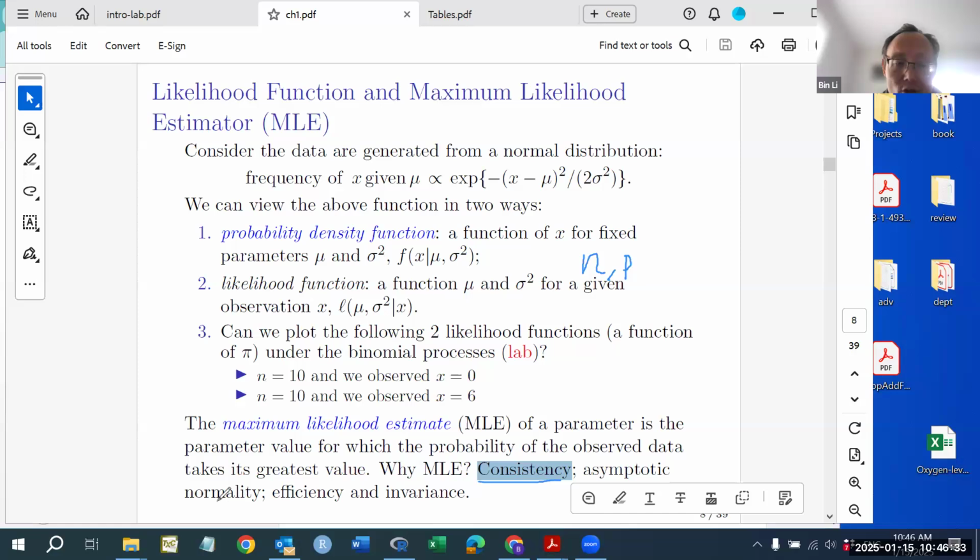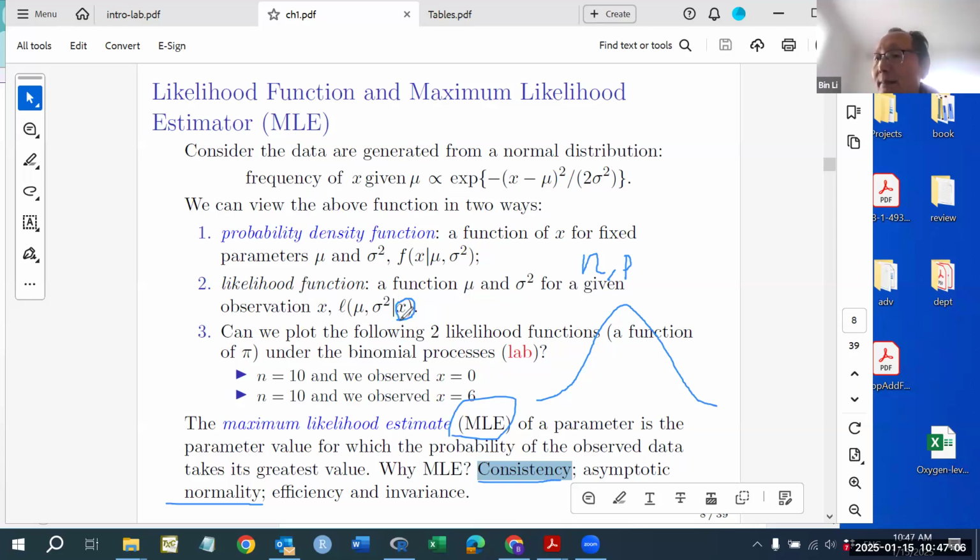And asymptotic normality, what does that mean? That means when the sample size is large enough, the distribution of the MLE follows a normal distribution. And you may ask, why normality? MLE is a value, but just as I said, MLE is also a random variable because it's based on a random sample. You give me a sample, I can calculate the MLE. Because the MLE depends on X, and X is random.